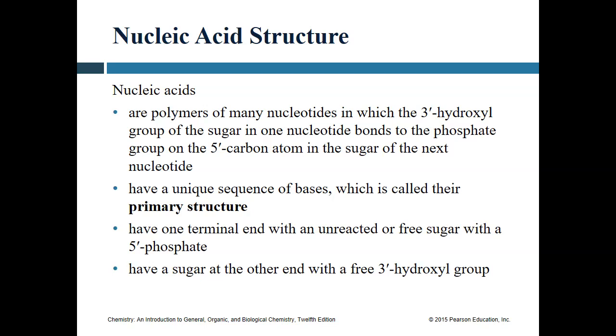The sequence of nucleotides from one to the other, to the next to the next. That's the primary structure of this nucleic acid. And just like we saw with proteins, there are these terminal ends. Now in proteins, it was the N-terminal and the C-terminal. Here it's the 3-terminal and the 5-terminal.